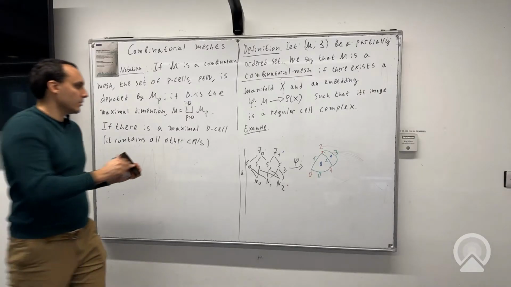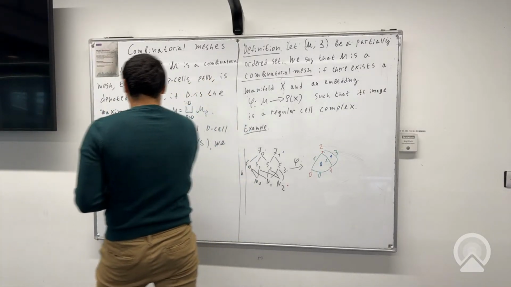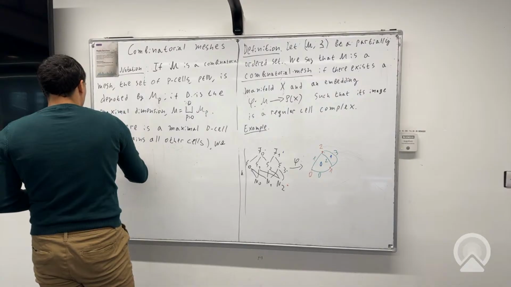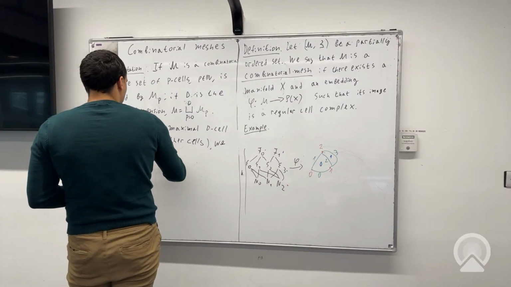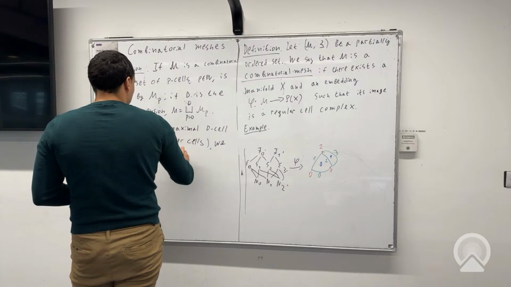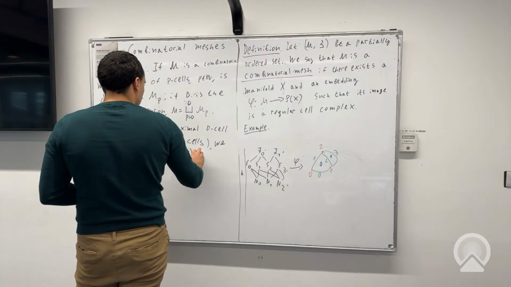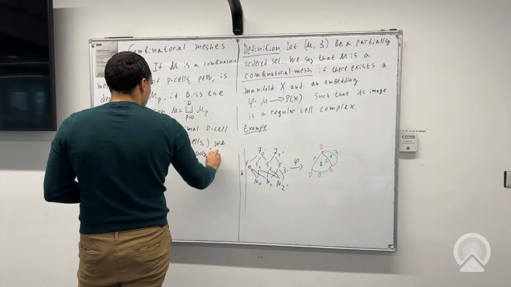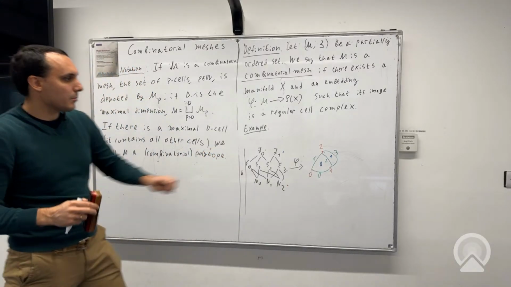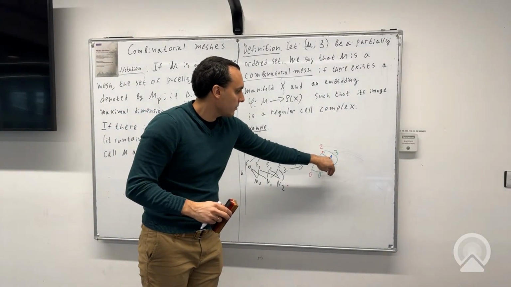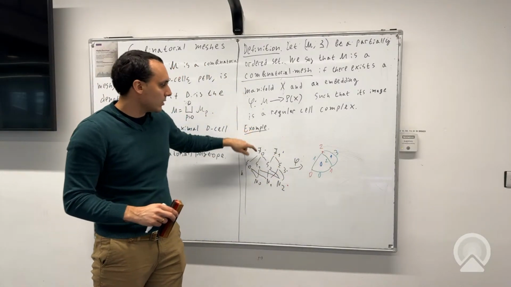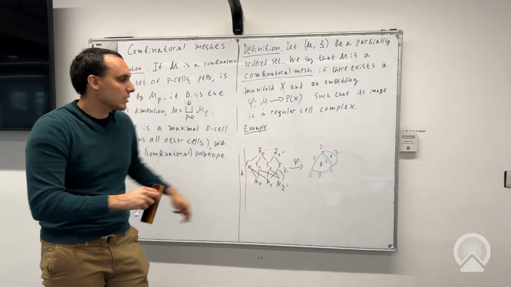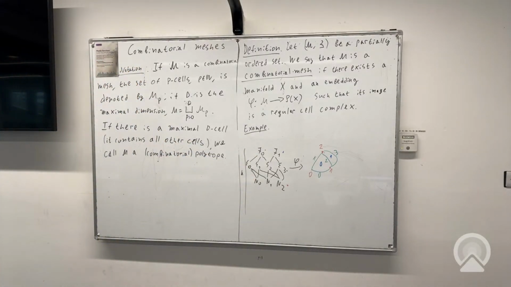We call M a combinatorial polytope. So for example, if we removed F1 and E1 and E3, we would get only one biggest cell with smaller cells only.